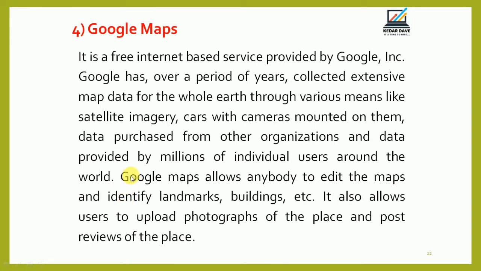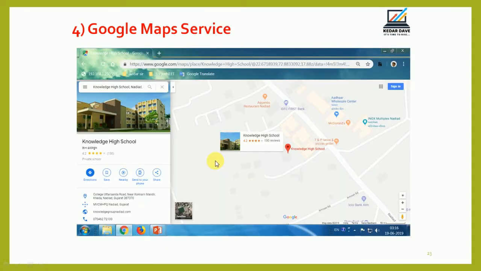So Google Maps allows anybody to edit the maps and identify landmarks, buildings, restaurants, hospitals, shops, and others. It also allows users to upload photographs of a place and post reviews on that particular place. So this is one example of the Google Maps services.